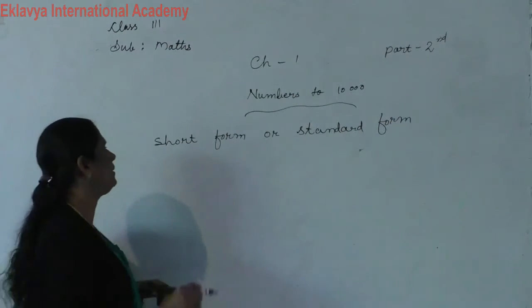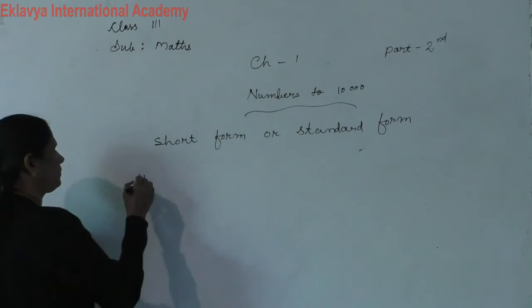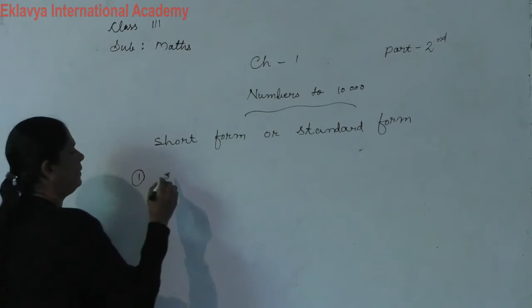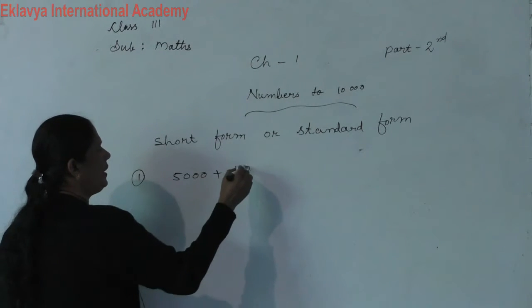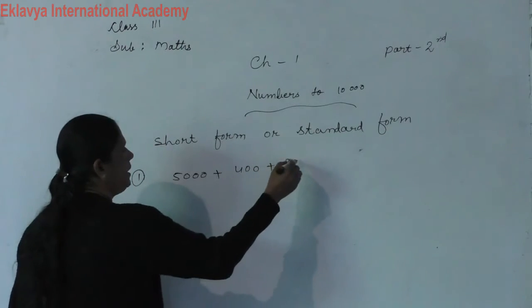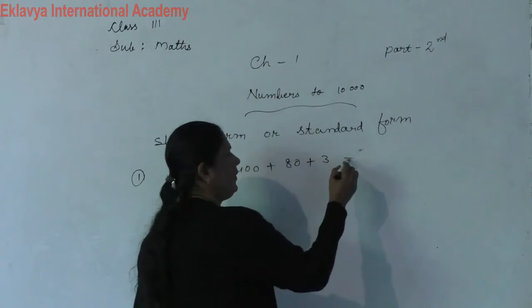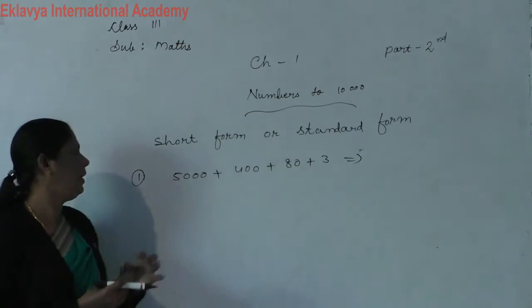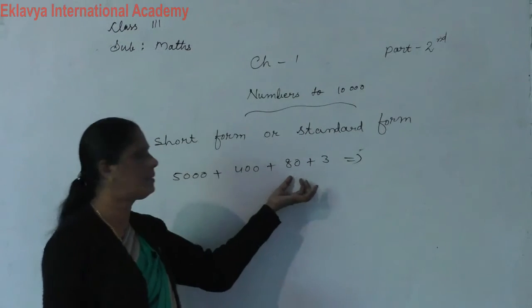Okay, listen, short form or standard form. First, 5000 plus 400 plus 80 plus 3. Here we write 5000 plus 400 plus 80 plus 3.